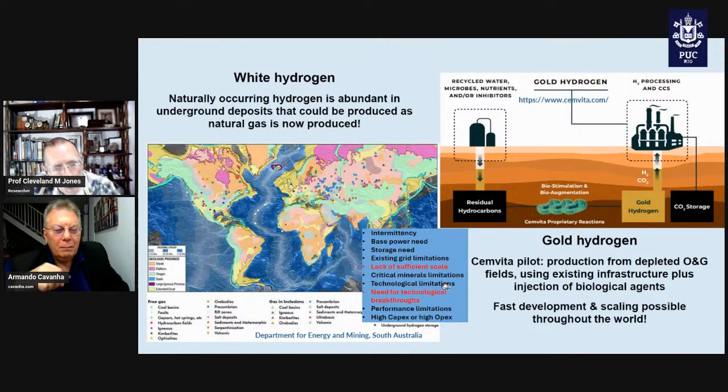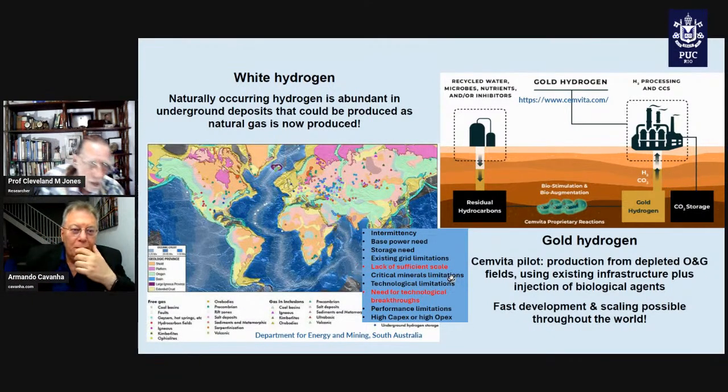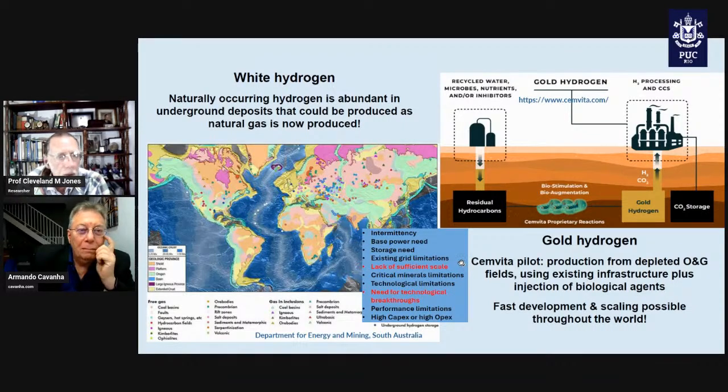If you can produce natural hydrogen, whether it's naturally occurring or whether you can stimulate its production from depleted oil and gas reservoirs, for example, then you have clean hydrogen. You have hydrogen and you can burn it on site for power generation.